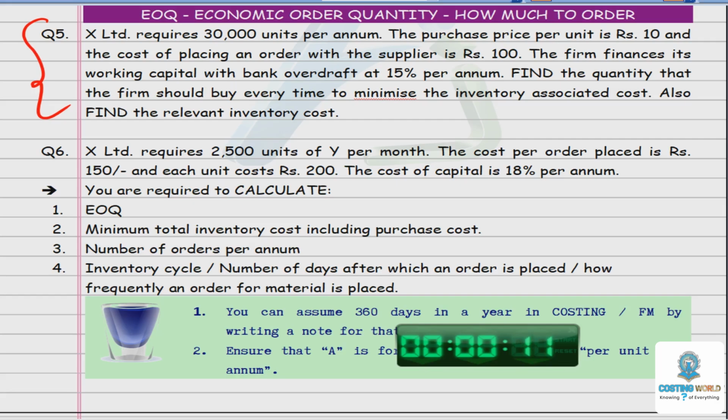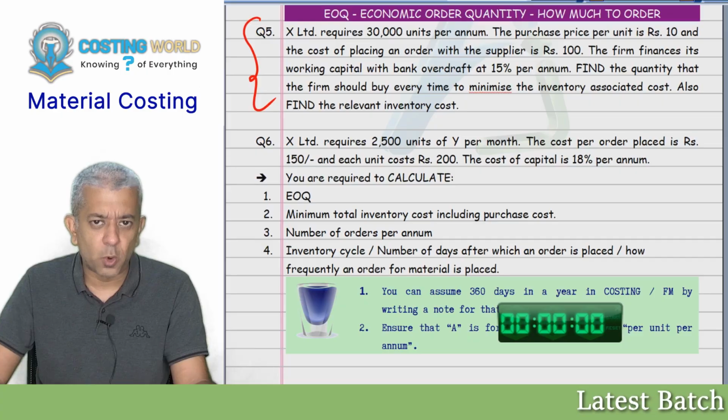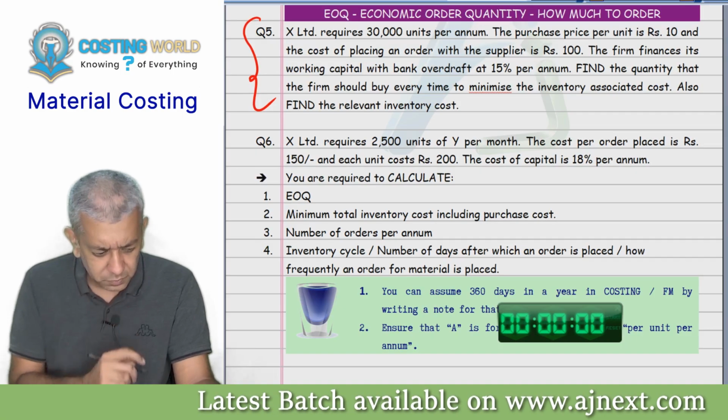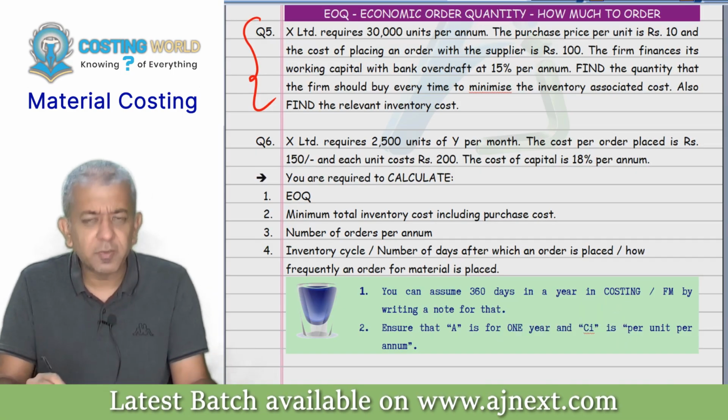You all got EOQ as 2000? Yes, sir. But you had to be finding out 2 things in the question. One is this part and other is you also had to find out T, no? T will be rupees 3000.